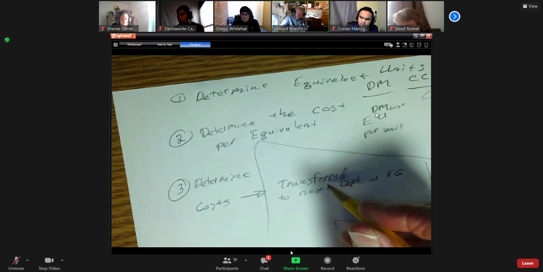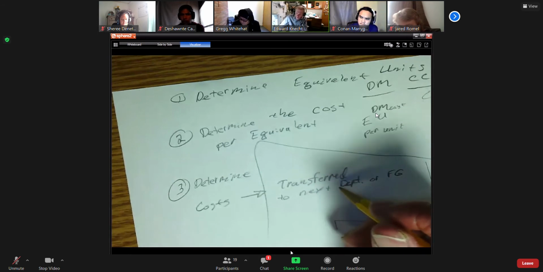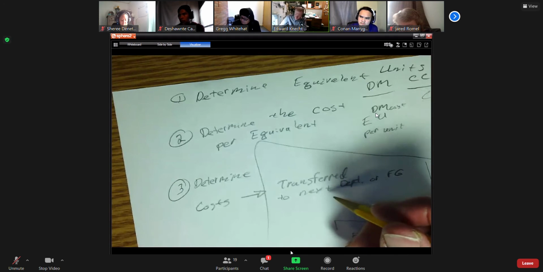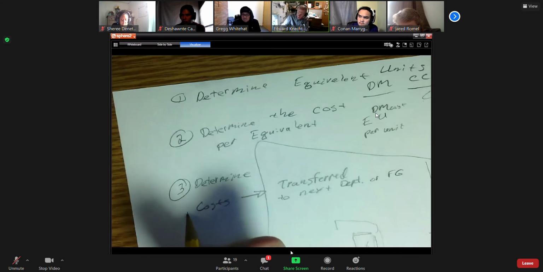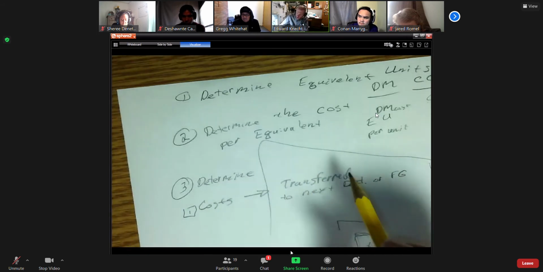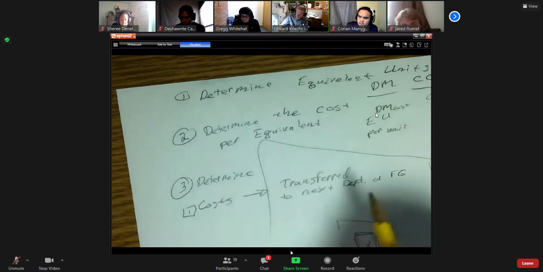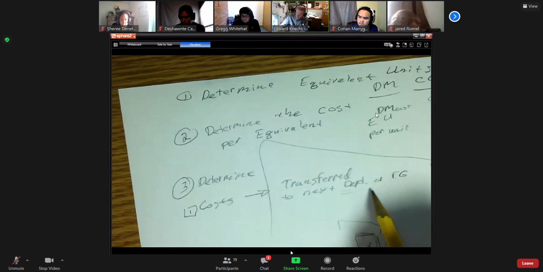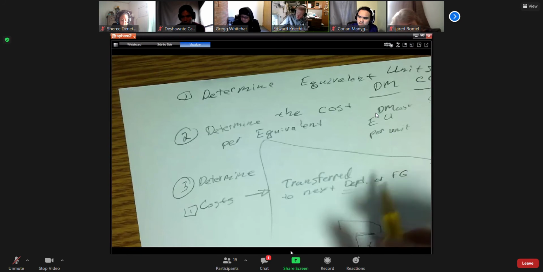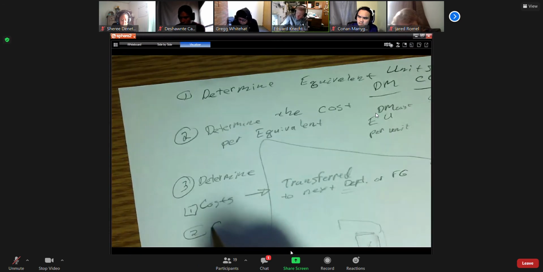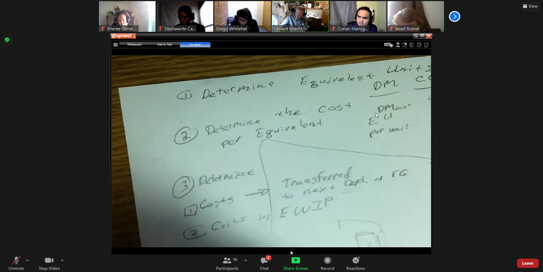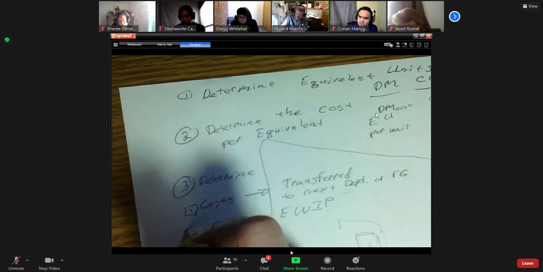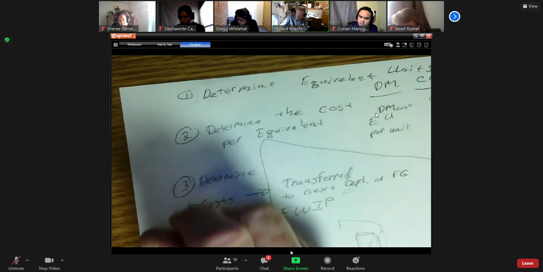This would be transferred from one work in process, Department A, to Department B, or whatever they call their departments. You have to determine what costs were transferred to the next work in process account or finished goods account. And then you also have to determine the cost in ending work in process. So that's a two-step process for step three.